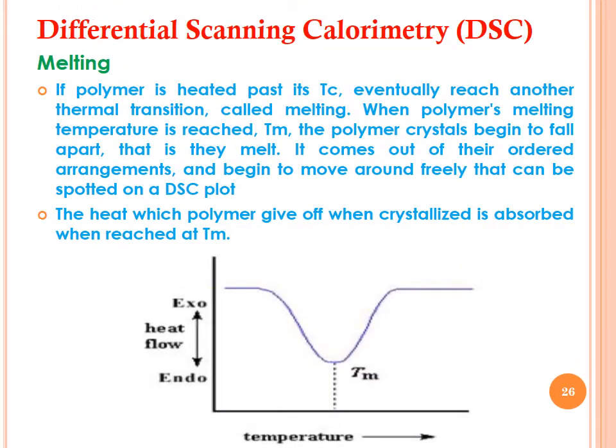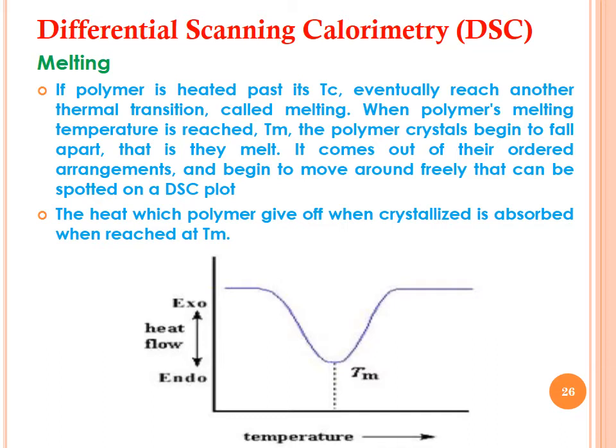Melting of the polymer: if the polymer is heated past Tc, it will eventually reach another thermal transition called melting. When the polymer's melting temperature Tm is reached, the polymer crystals begin to fall apart, that is, they melt. They come out of their ordered arrangement and begin to move around freely.